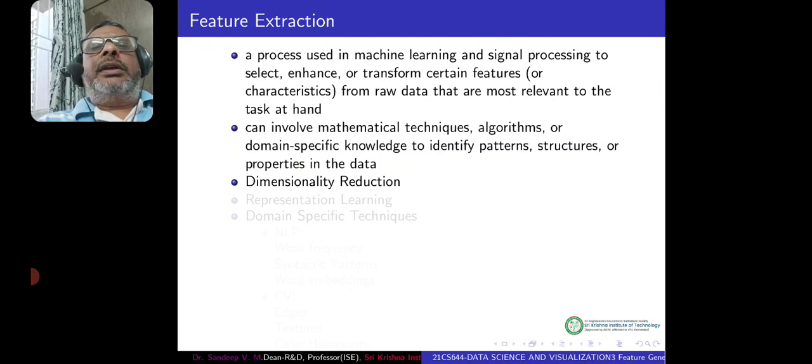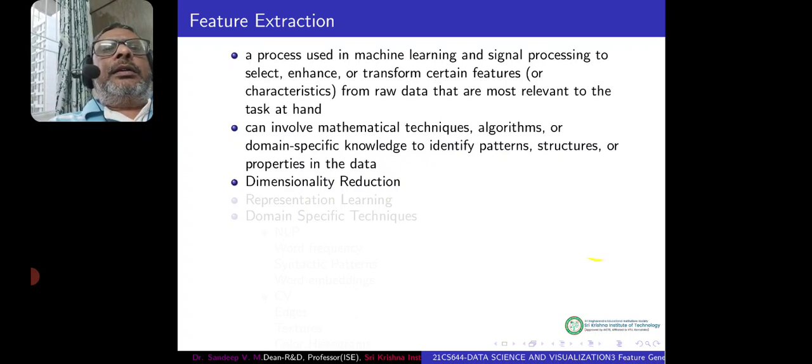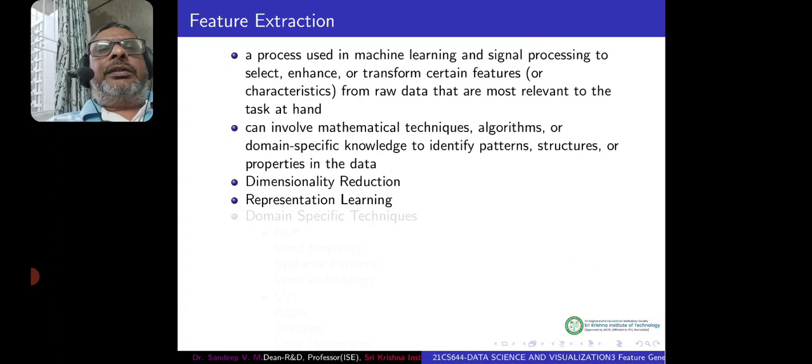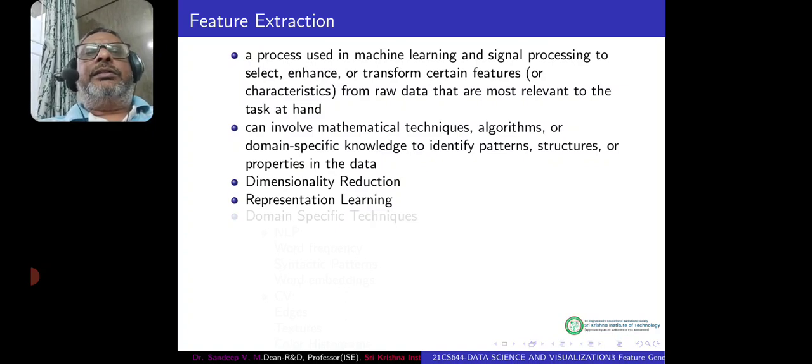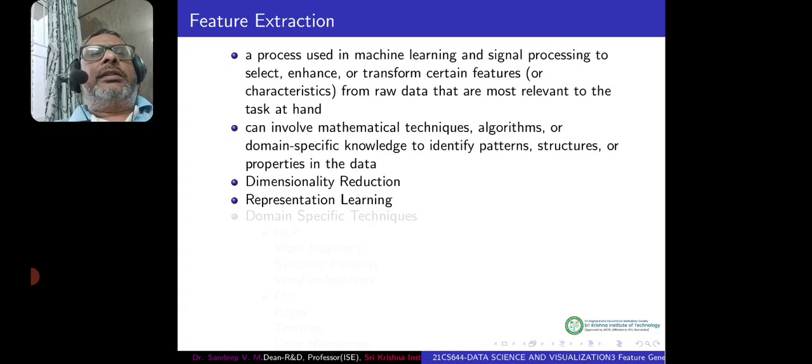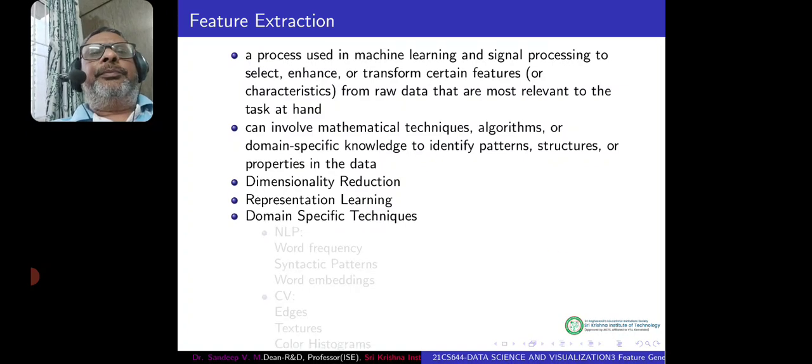So in all, the time complexity and space complexity will be reduced, and hence the training process will be much better than the previous one. Feature extraction also is a form of representation learning. So here we are learning through representing.